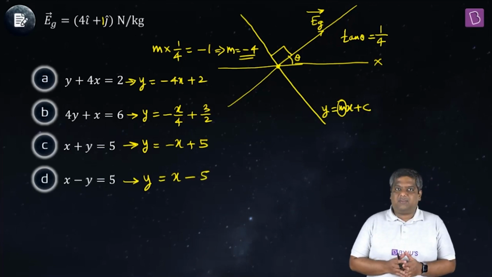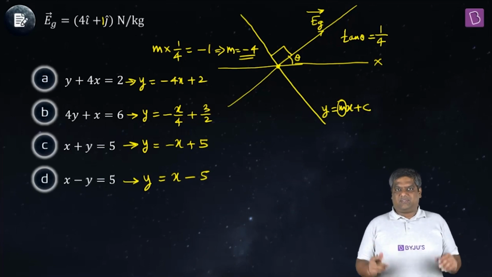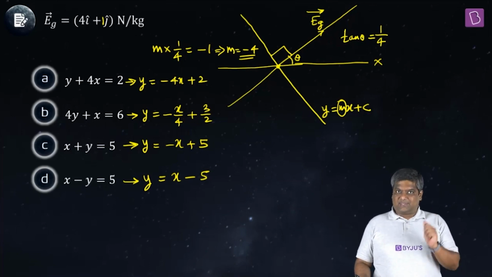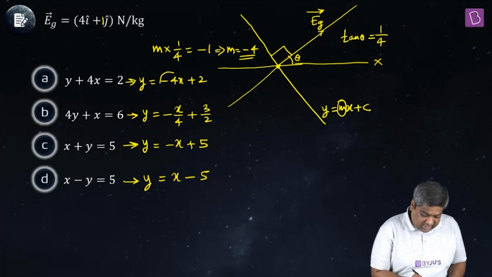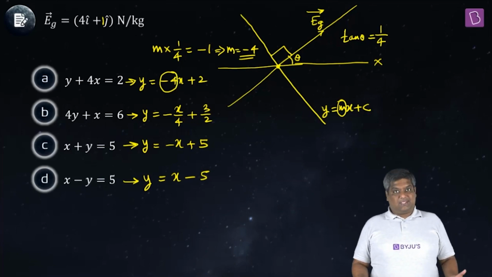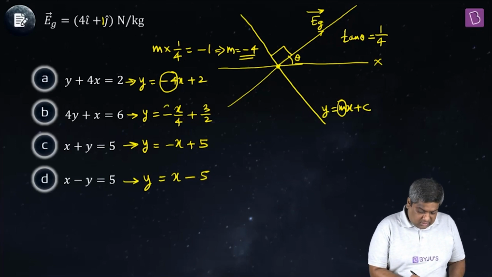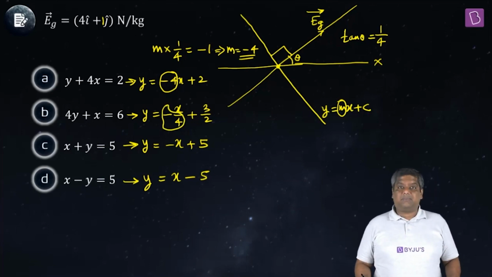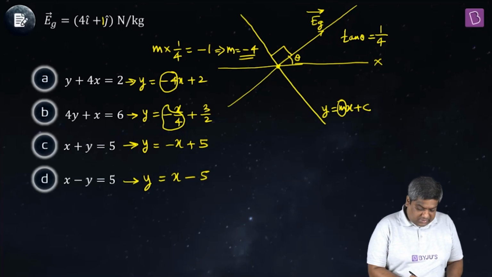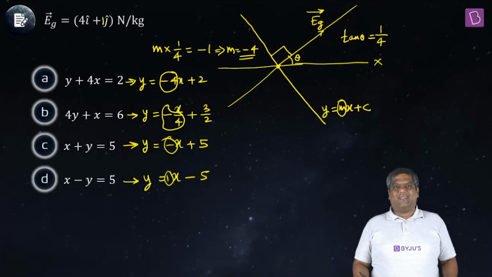So all of them are in the form y is equal to mx plus c. So let us quickly identify the m's, the slopes. For the first option, m is minus 4, and this is what we require, right? But let's complete the question. Second option, m is minus 1 by 4. Third option, m is minus 1, and fourth option, m is 1.